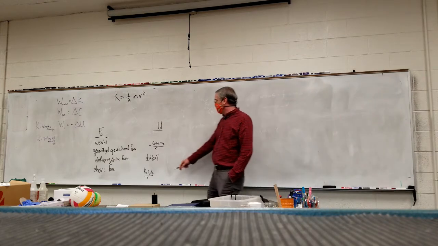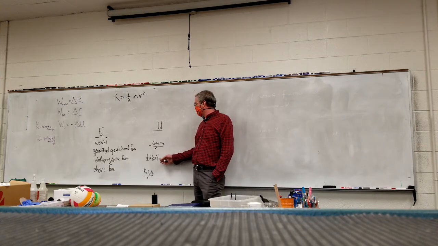The electric force is something we'll hit near the end of the semester. The ideal spring we'll get before that, probably mid-November. This one we will get in chapter 9, I think it is.